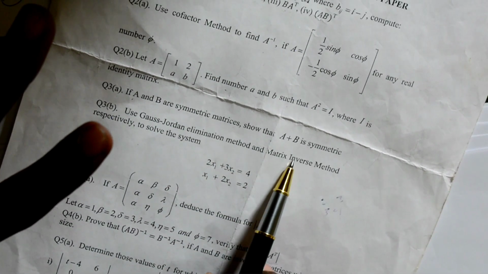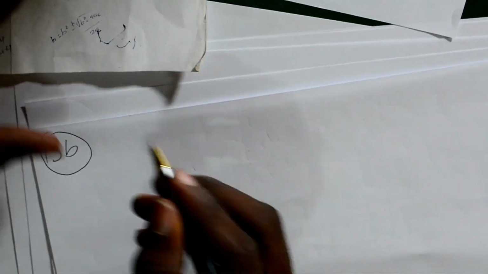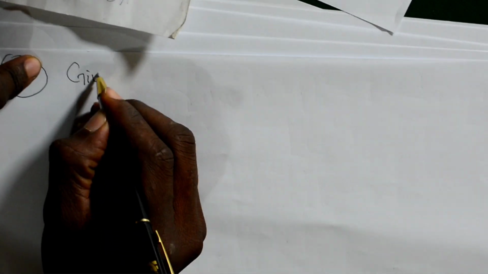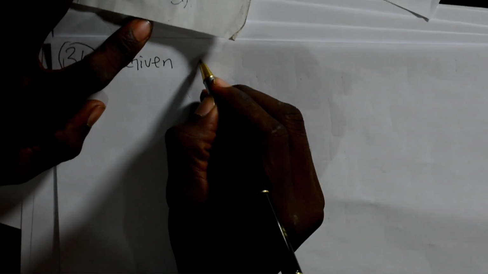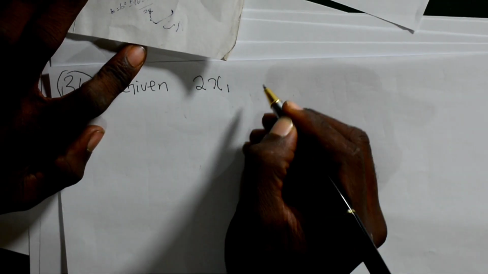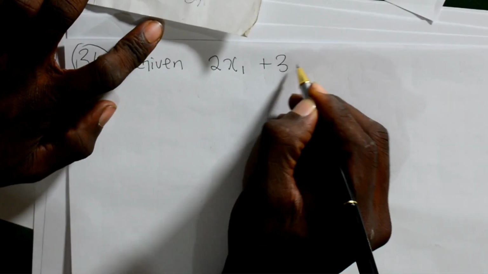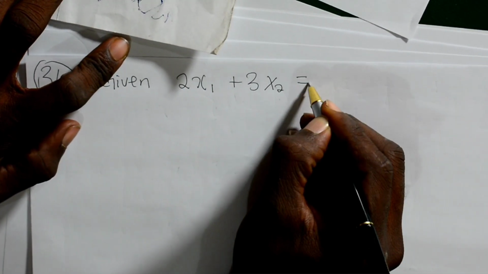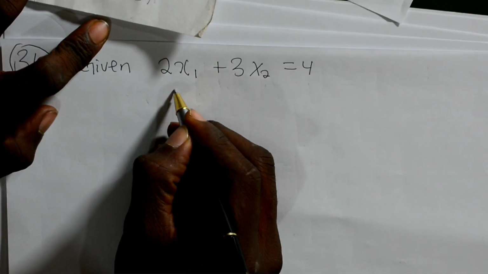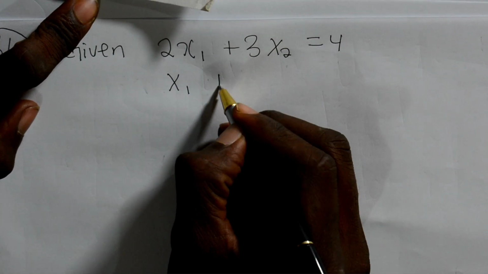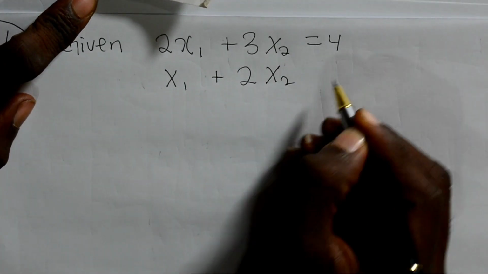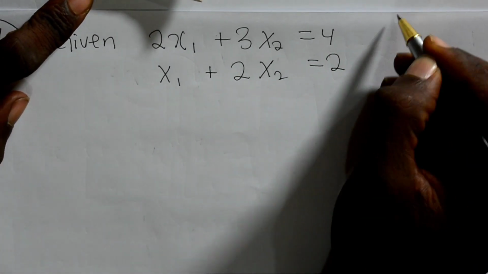So we are going to use two different ways to solve this. Given the equations as 2x1 plus 3x2 is equal to 4 and x1 plus 2x2 is equal to 2.